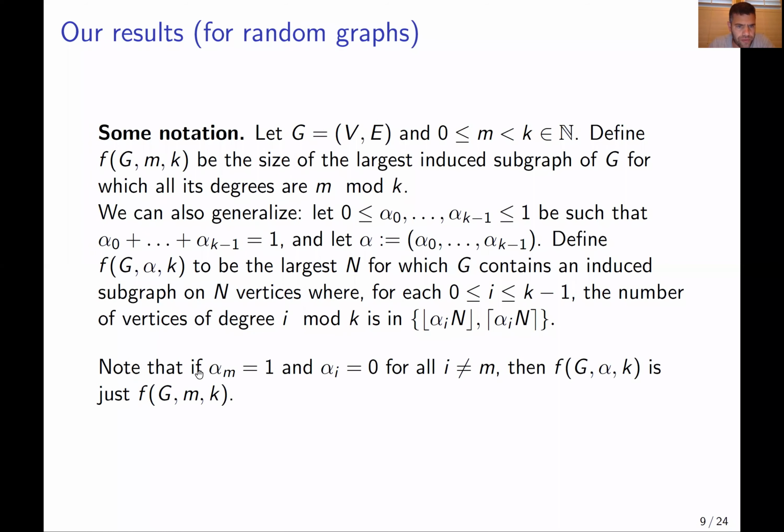So for example, if we take alpha_m equals 1 and alpha_i equals 0 for all residues which are not m, then f(G, alpha, k) is basically just f(G, m, k).